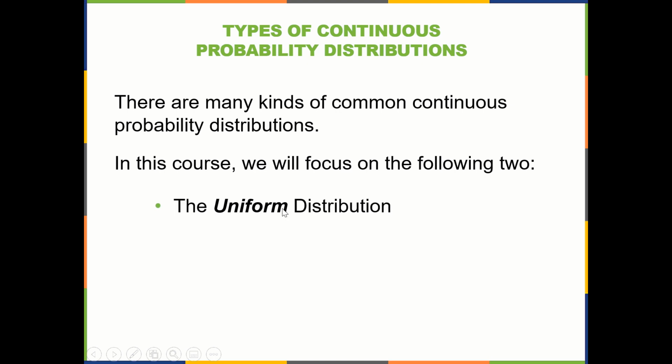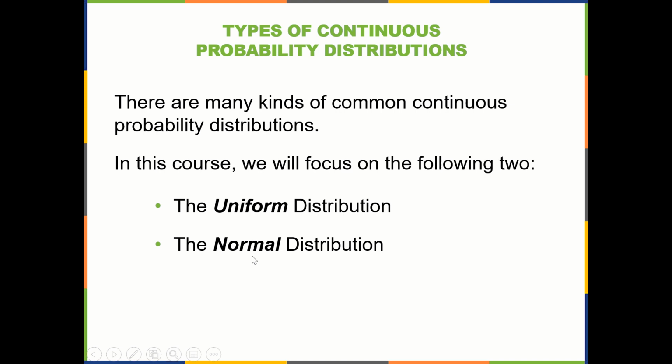The uniform distribution, which only makes a brief appearance in the grand scope of our course, and the normal distribution, which stays with us for the remainder of the course, and it's the basis for pretty much everything else we do from here on out. So in the next video, we're going to get more into detail on the uniform distribution, and then following that, we'll start to dig into the normal distribution.